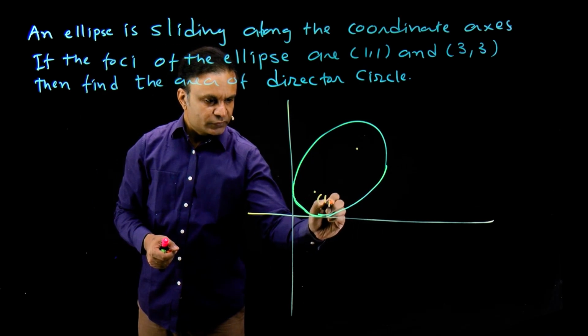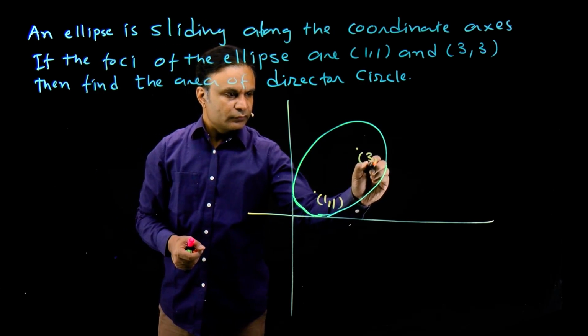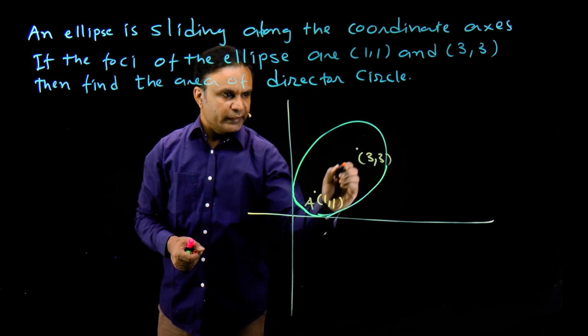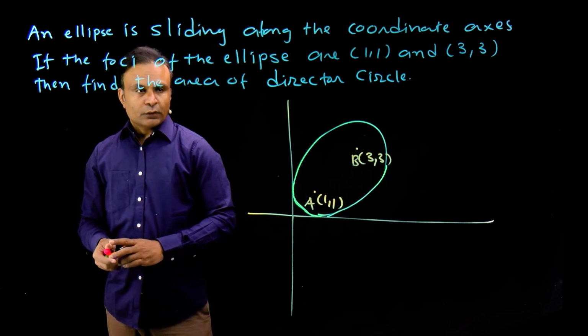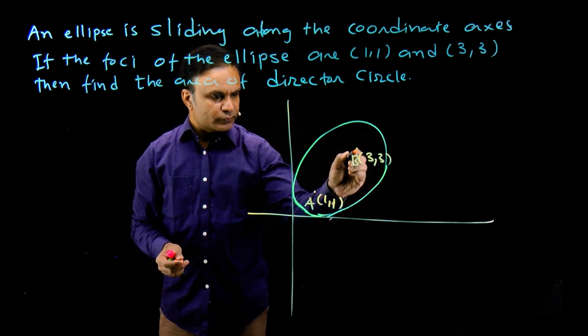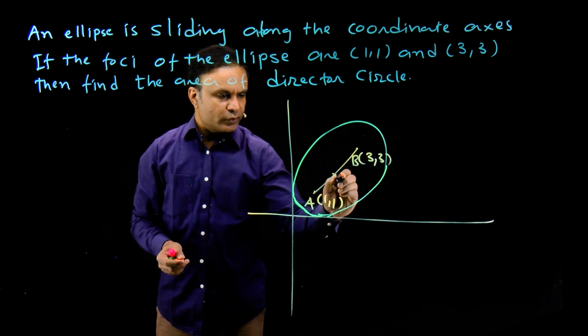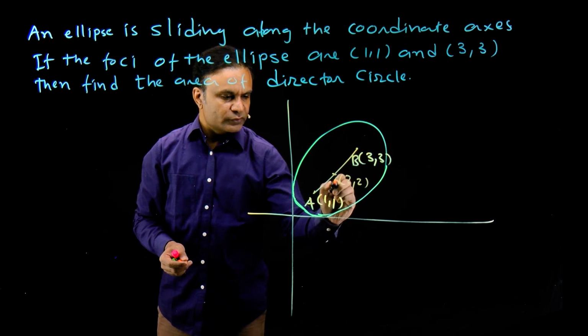This point is (1, 1) and this is (3, 3). Suppose this is point A and this is point B. Okay, the center of the ellipse will be the midpoint of these 2 points, that is (2, 2), which is point C.